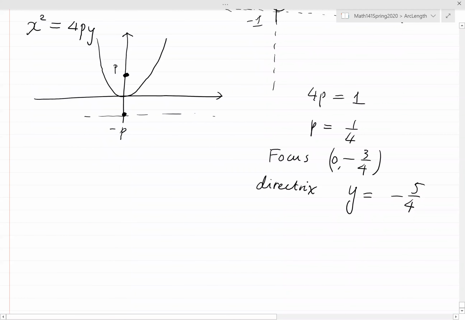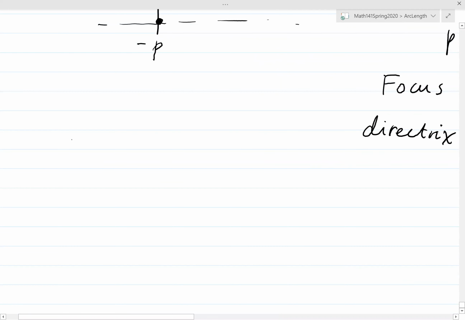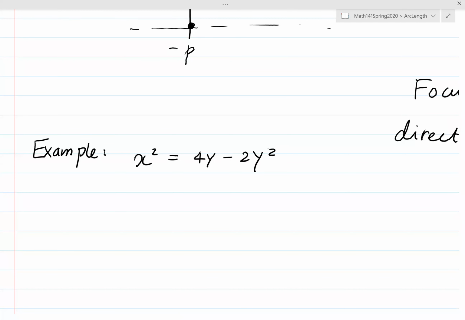This example: x squared equals 4y minus 2y squared. Okay, first of all, you write it in this manner: x squared plus 2y squared minus 4y is 0.